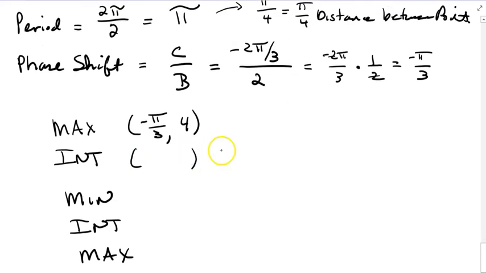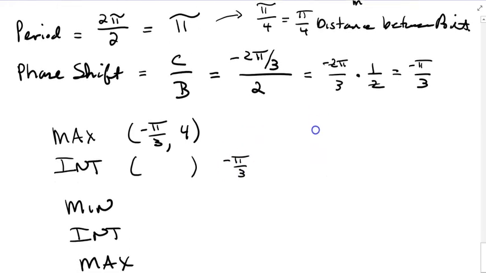Now, for your intercept. Well, you have that starting point of negative pi over 3. We've got to add a quarter pi to that. So get your common denominator of 12. You've got negative 4 pi over 12 plus 3 pi over 12. It's going to give you negative pi over 12. And it's an intercept, so of course the y value is 0.